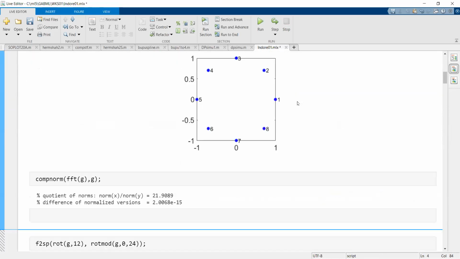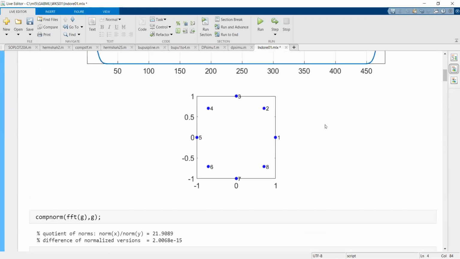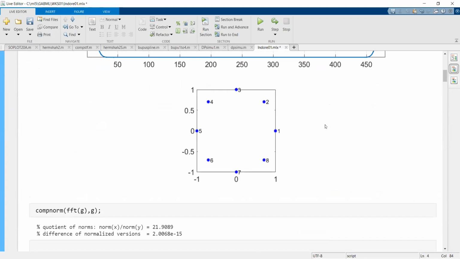Yeah, here it is. So the unit roots of order 8 are, of course, the multiples of 45 degrees. But in the MATLAB order, if you have a function living on those unit roots, you have to see that the order is this one.